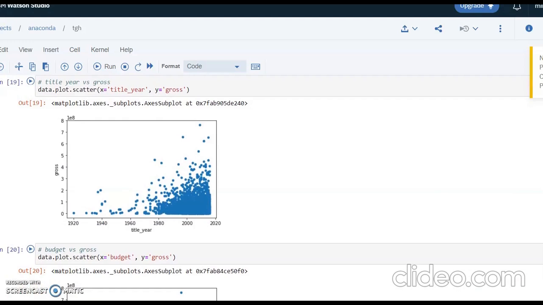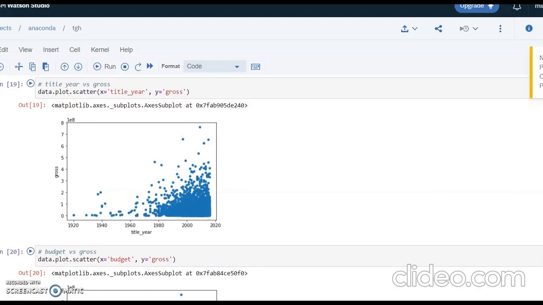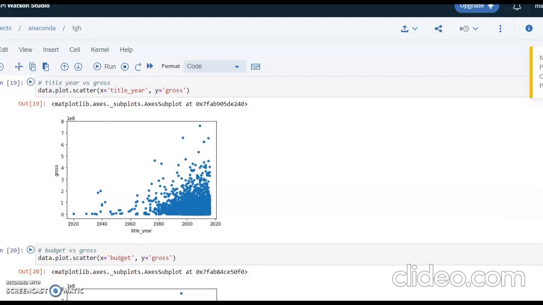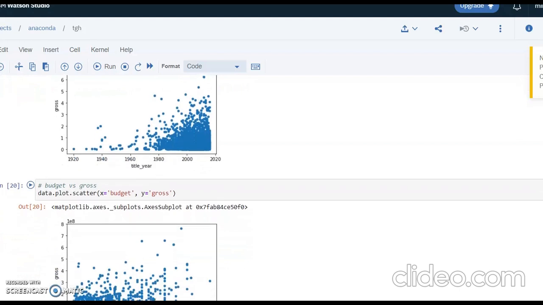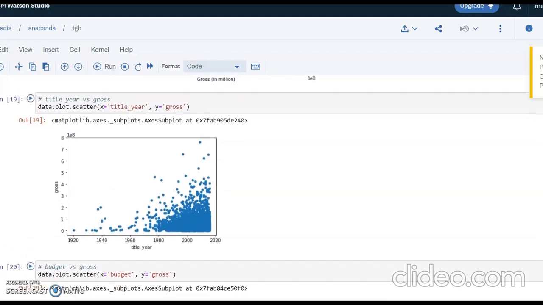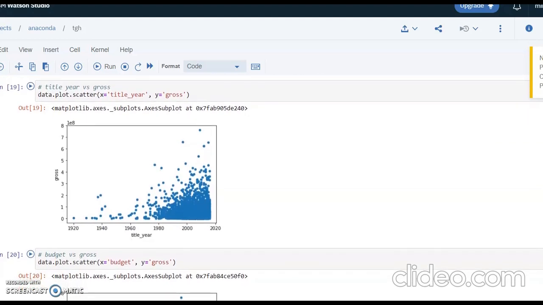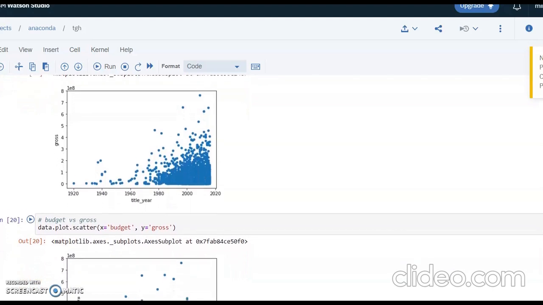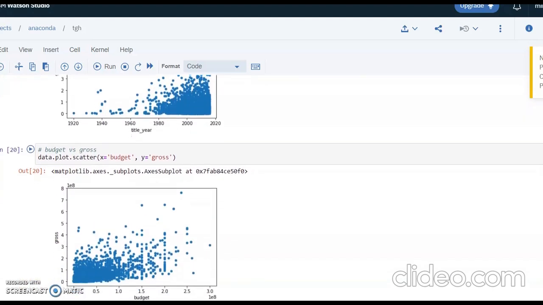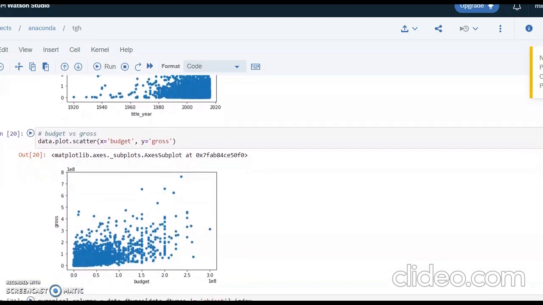As I was mentioning, after that we have a scatter plot, and it's not really hard to make a scatter plot. We take the data and do a data.plot.scatter, with x equals title year and y equals gross. We'll do the same thing for budget. Wait, I'm sorry. Let me describe these two scatter plots. The first scatter plot was year versus gross, and the second one was budget versus gross.